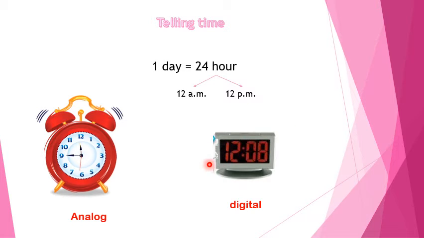The digital clock has the hours written here and the minutes written here. So here's the place for hours and here's the place for minutes. You just write the hours here and the minutes here. But the analog clock uses a different way to show the time. We're going to learn it today.